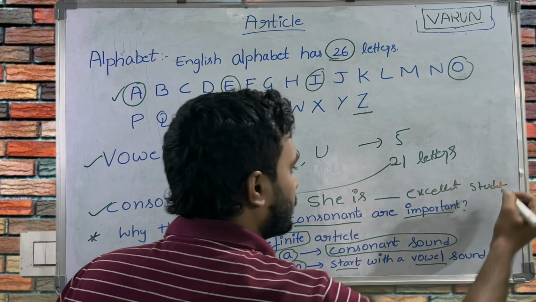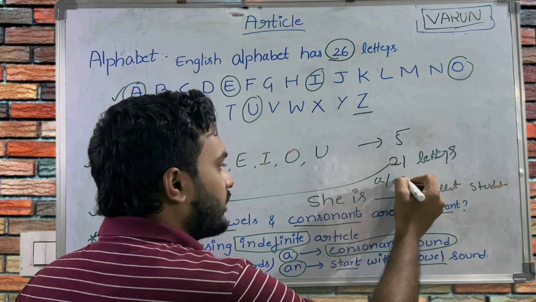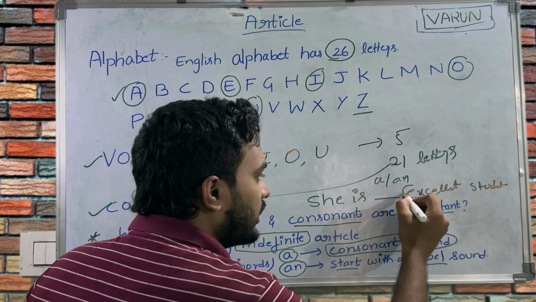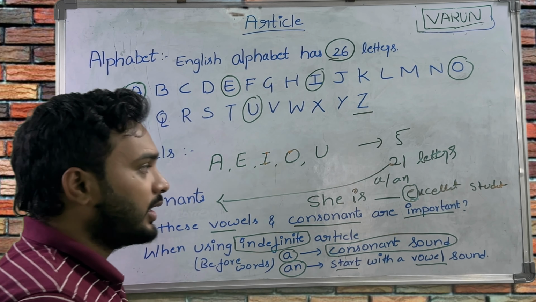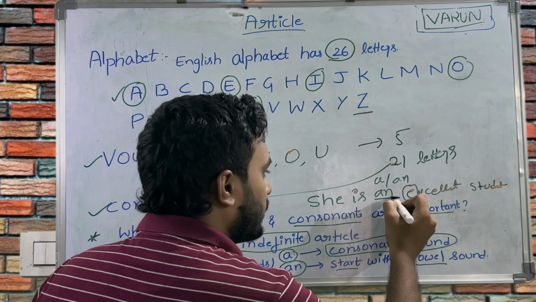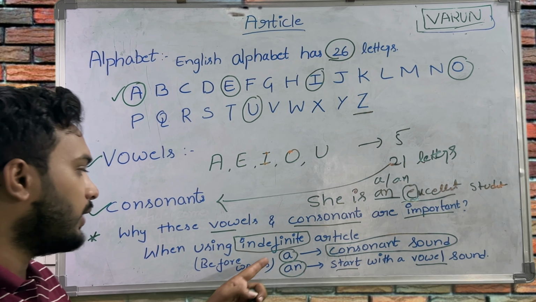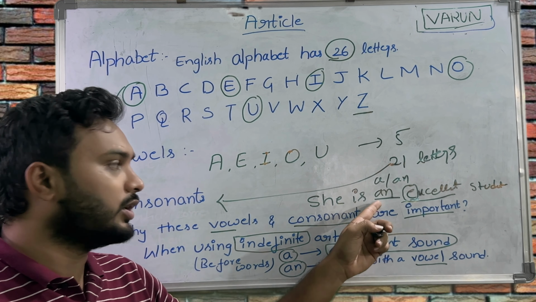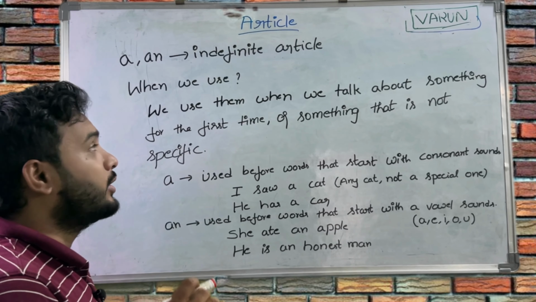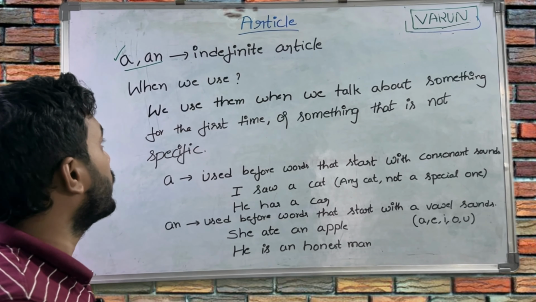Which article takes place here, a or an? Consider the letter E in excellent. Excellent takes the vowel sound, so it will take an. If the letter takes a consonant sound, it will be replaced with a. If it takes a vowel sound, it will take an. A and an are indefinite articles, as we discussed.